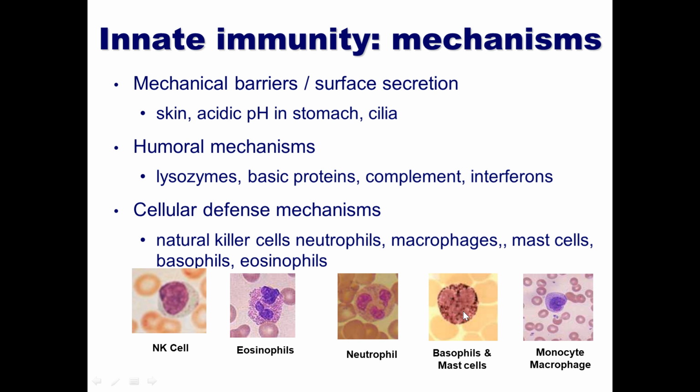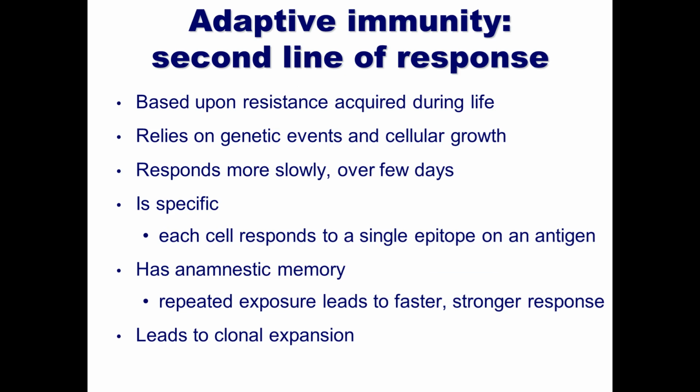What are the different types of barriers present in innate immunity? First, the mechanical barrier: skin, acidic pH, cilia. In humoral mechanism: lysozyme, basic protein, complement, interferon. And in cellular defense mechanism: natural killer cells, macrophages, mast cells, basophils.